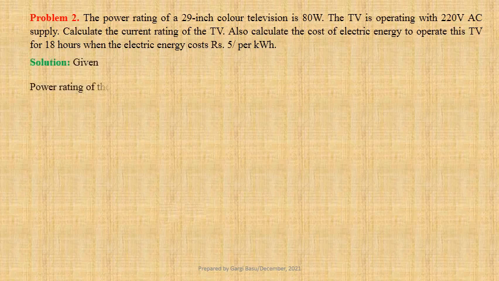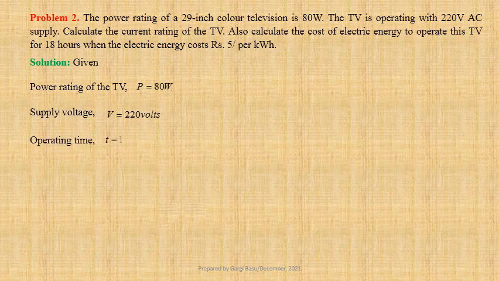Power rating of the TV P = 80 watts. Supply voltage V = 220 volts. Operating time T = 18 hours. Energy cost per kilowatt hour = rupees 5.